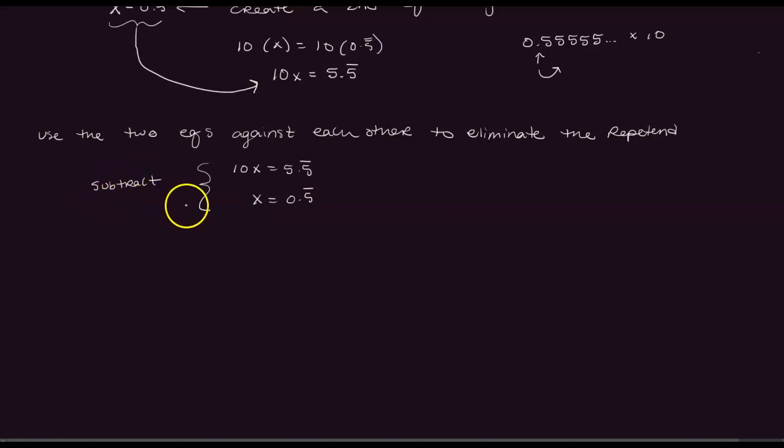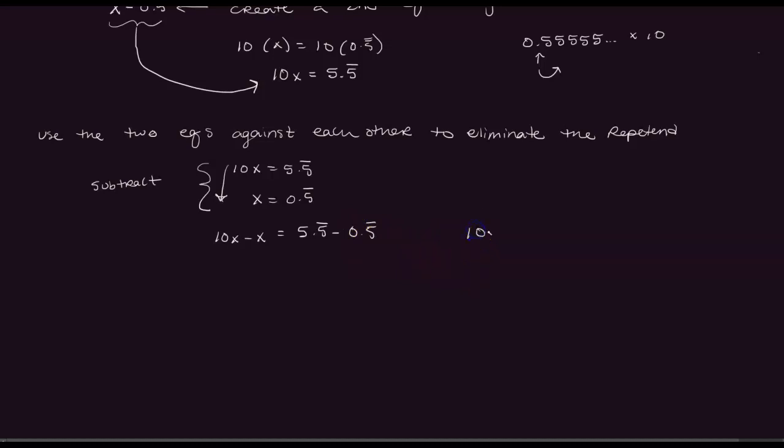In other words, you're adding the opposite. So if I were to subtract the bottom equation from the top, on the left side that would look like 10x minus x. On the right side that would look like 5.5 repeating minus 0.5 repeating.